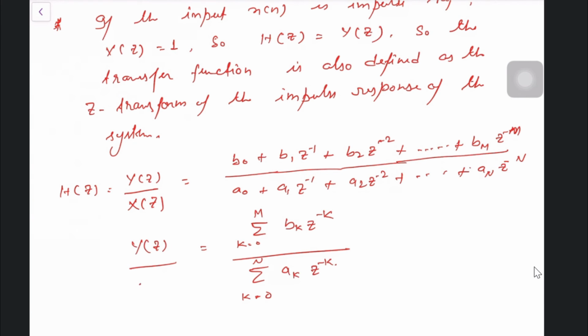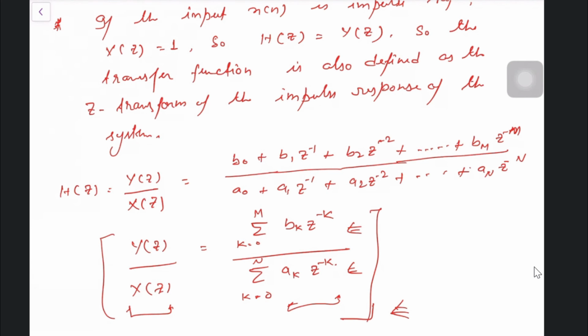So you can represent your transfer function or impulse response in this form also. This defines the relationship between the transfer function and the difference equation. So how we can represent a transfer function or impulse response in difference equations, we get to know here.